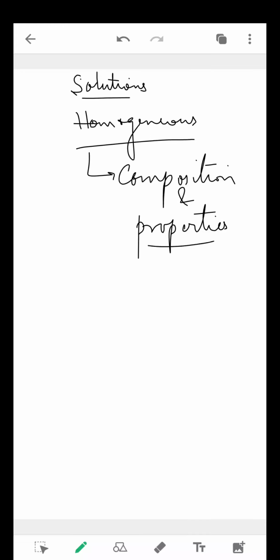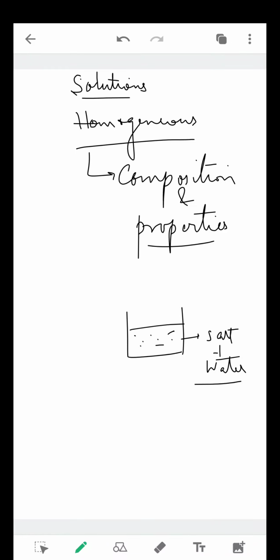For example, when you dissolve salt or sugar in water, after some constant stirring, you will not see any salt particle undissolved, or at the bottom or swirling around. So this is an example of homogeneous mixtures. That is, the components are mixed uniformly.